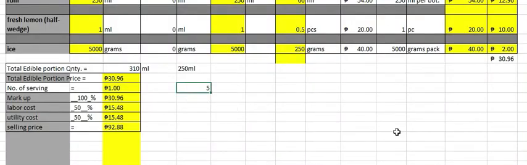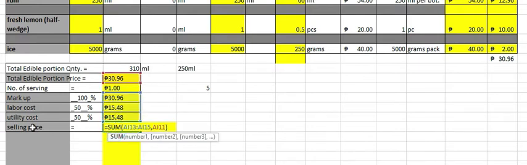Before we proceed to how, let me point out something I observed. Your total edible portion price is 30.96 pesos. Markup 100%: 30.96, with 50% for the labor cost and utility cost, so 15.48 each.